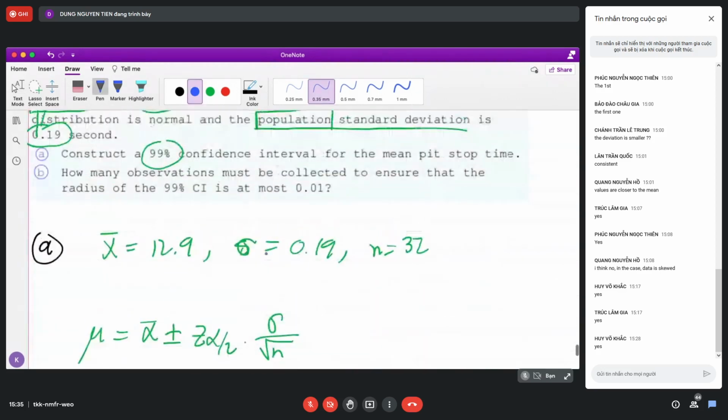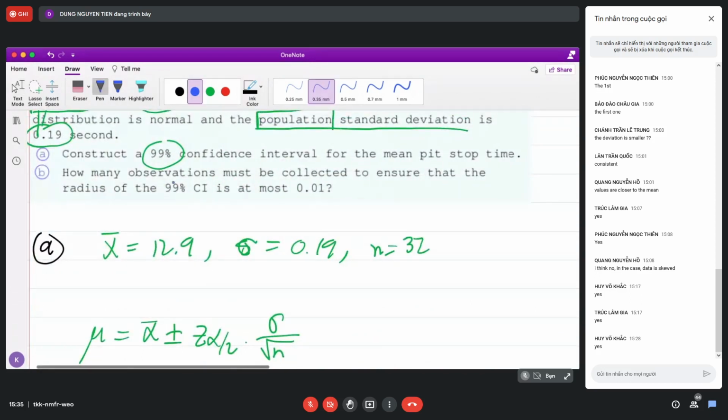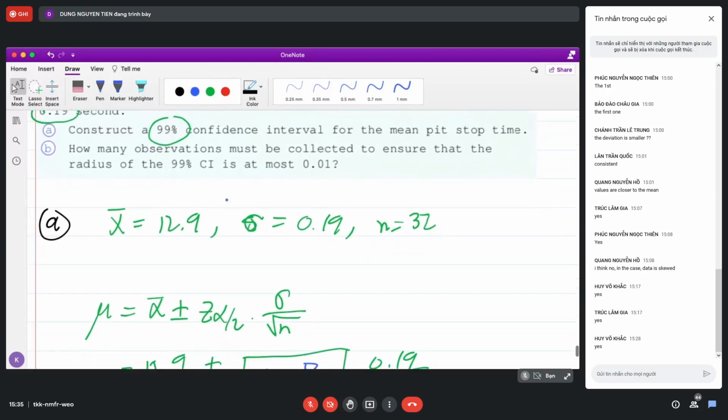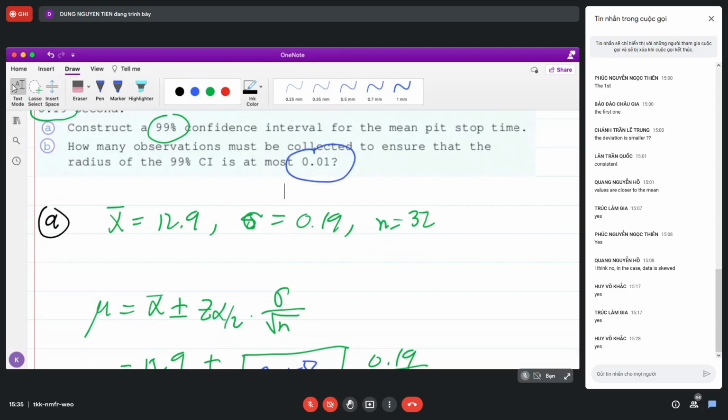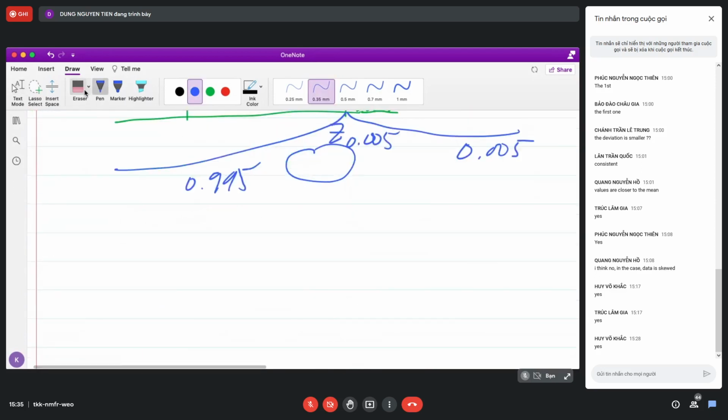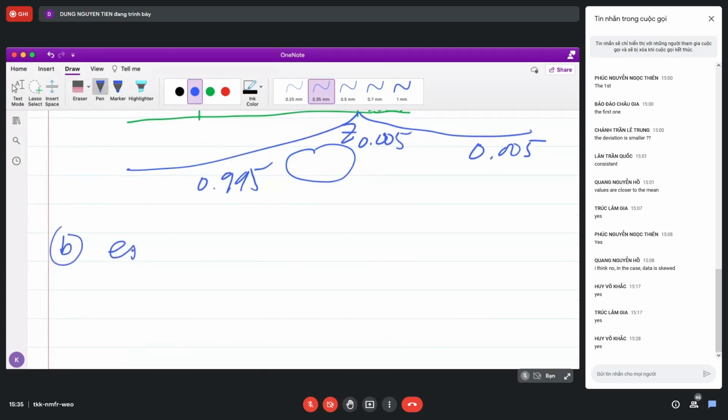Okay. For question B, you want to determine the number of observations to guarantee that the radius of the confidence interval is at most 0.01. So the error you want is 0.01, less than or equal to 0.01. So n has to be greater than z alpha over 2 times sigma over epsilon 0, all squared.